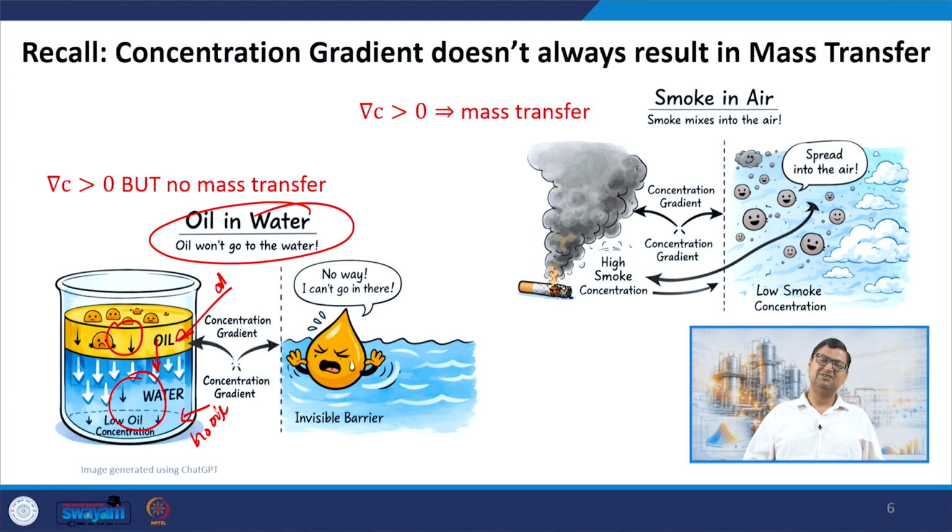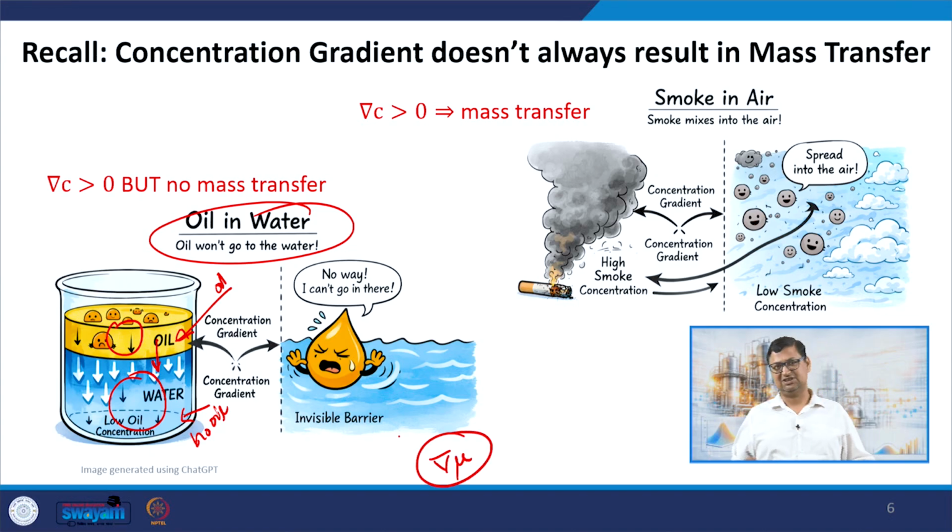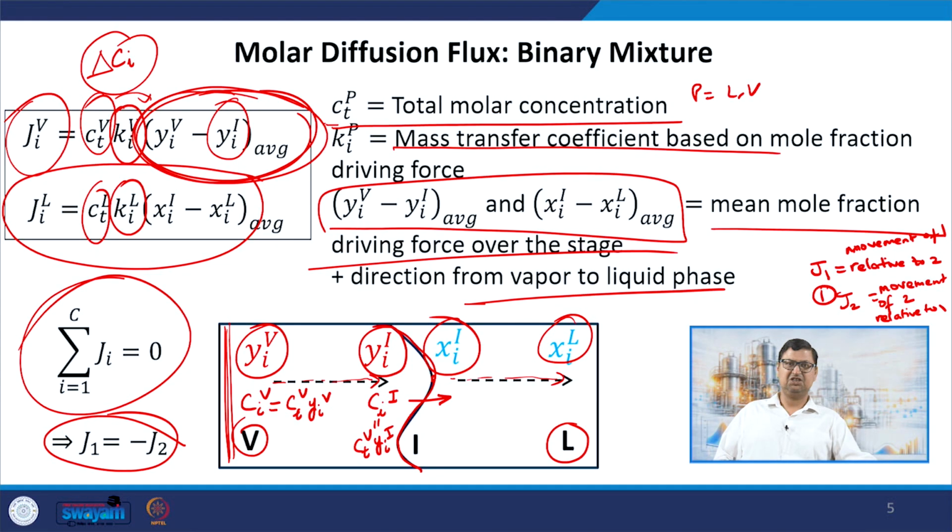So then we said that the actual reason is not the concentration difference, it is the chemical potential gradient which is present there. It so happens that for the case of, let us say, a binary mixture, if the two components are miscible and all that, then the concentration difference may drive mass transfer, but it is not a general rule.